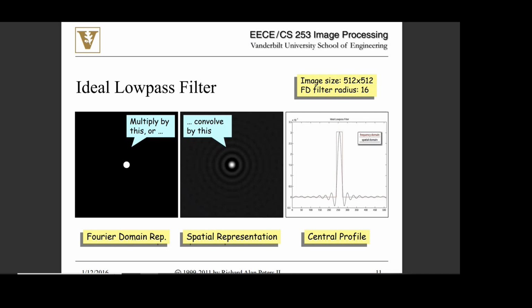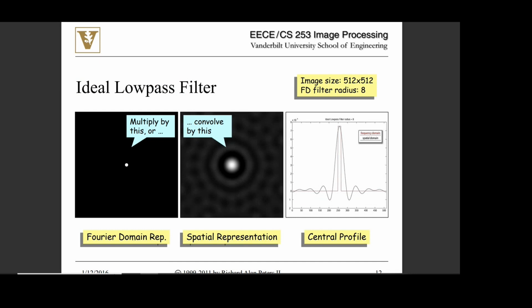So this is a one-dimensional representation. Here we have both at the same time: the frequency, and the oscillatory part is the spatial response. So we have a kind of sinc. And now we can do Fourier filters with that.